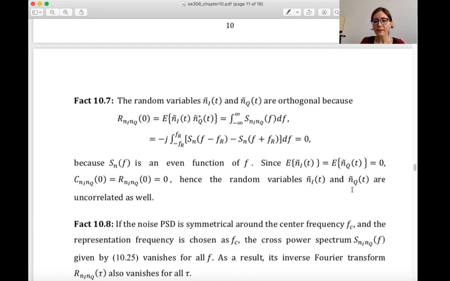Now, you might also ask, okay, I fixed t, I have a random variable, I have another one, these are uncorrelated, but can I also claim that these two random processes are uncorrelated? To be able to say that, we should look at ni of t plus tau versus nq of t, so at different time instants. If the uncorrelatedness property still holds even at different time instants, then I say that the processes are uncorrelated.